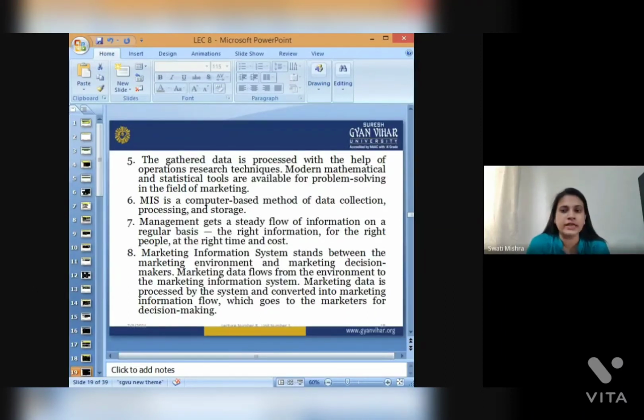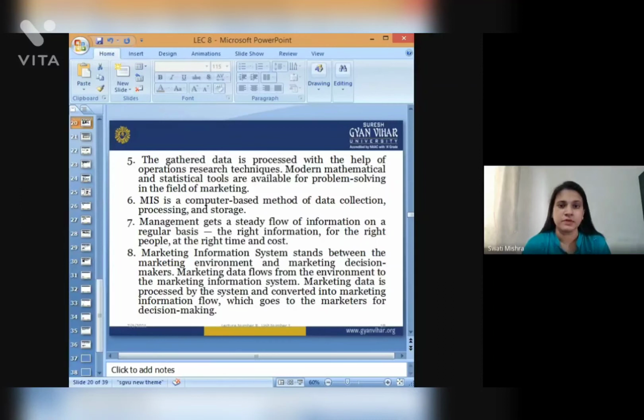Marketing data flows from the environment through the marketing information system and reaches the decision makers. This data is processed by the system and converted into the marketing information flow, which goes to the marketers for decision making purposes.